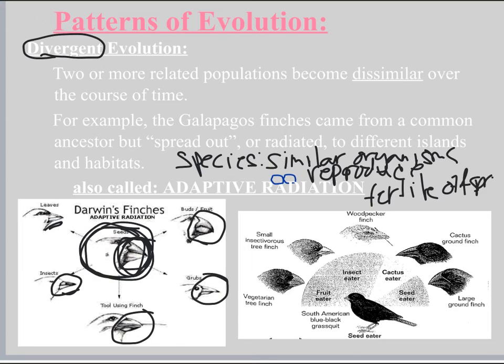That's one of the key points of evolution: what makes one species different from another species? What makes them different is, are they able to reproduce and have fertile offspring? Fertile meaning those offspring can actually have offspring of their own.